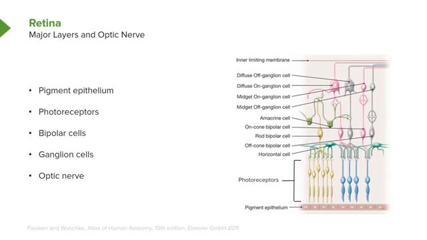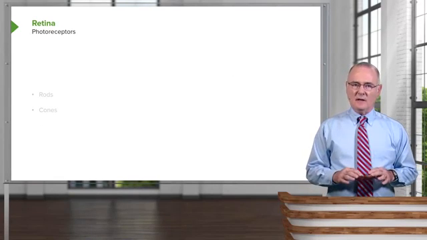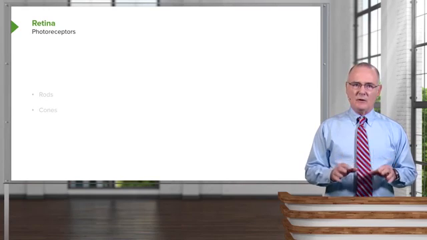From here, photoreceptors will stimulate bipolar cells, and then the bipolar cells will communicate and activate ganglion cells, and then the axons from these ganglion cells will then form the optic nerve, and the optic nerve is forming right here on the right upper portion of this image.